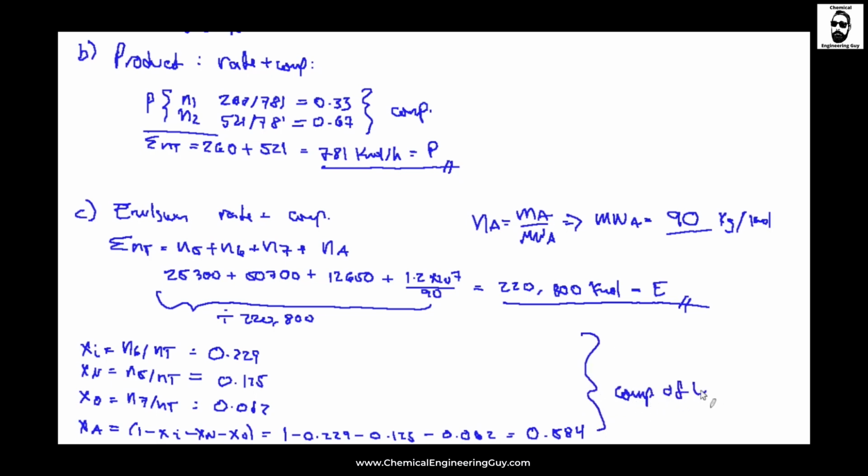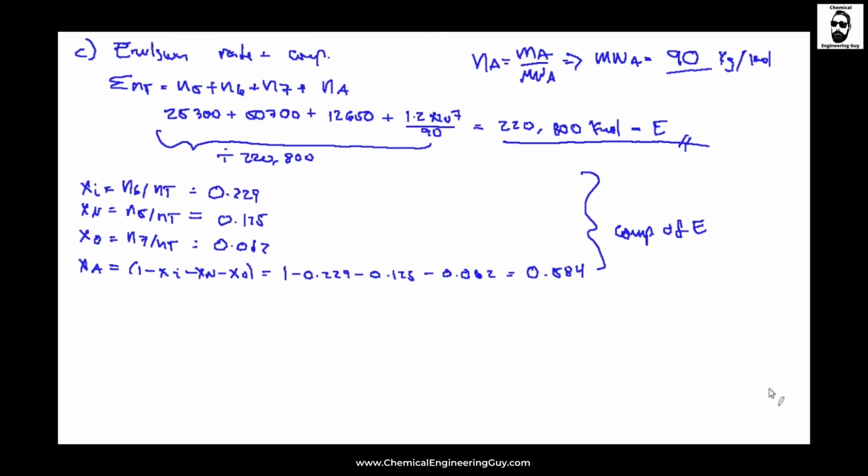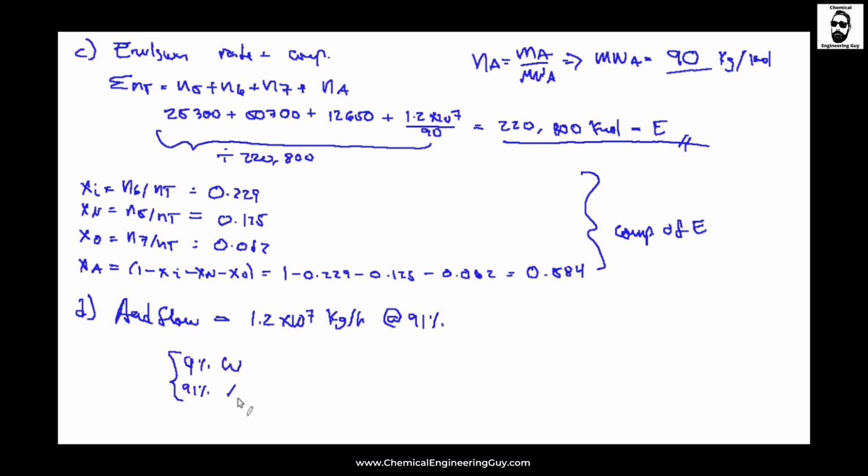of the emulsion. And finally, but not least, I think we need to do a mass balance on the acid. You will see now how I get this 90. So the acid flow rate was 1.2 times 10 to the 7 kilograms per hour, but this is at 91%. So that means I have 9% of water and 91% of acid.